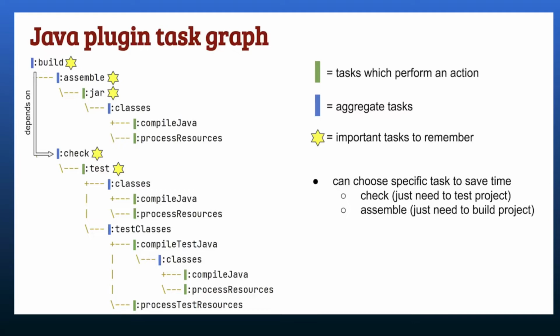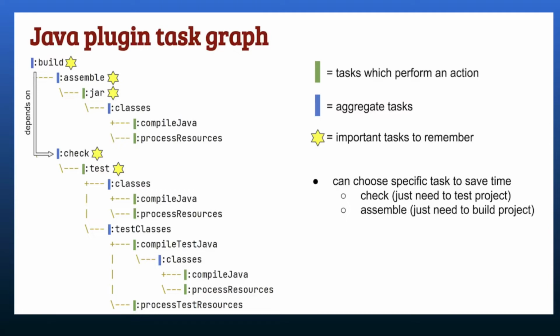Number one, the assemble task is making some jar files, making the classes, compile and process resources. The green ones and the blue ones are all tasks, but the aggregated tasks are blue because more than one task is doing the work.